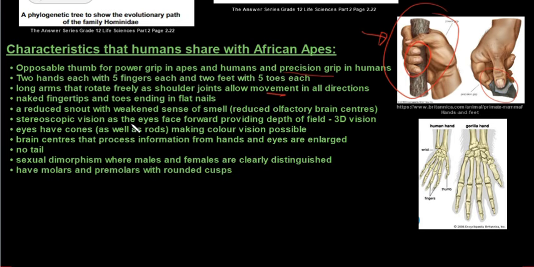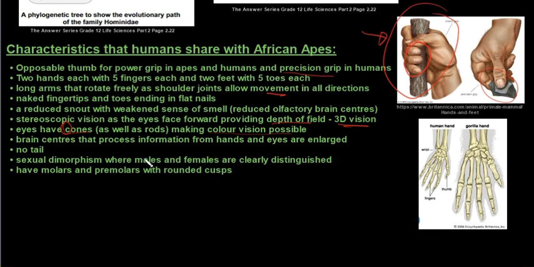Then we also have stereoscopic vision with forward-facing eyes, so that gives us 3D vision, so it allows a better depth of field. Then we have eyes that have cone cells, cones for color vision. We also have rod cells, but more cone cells that allow us to have color vision.